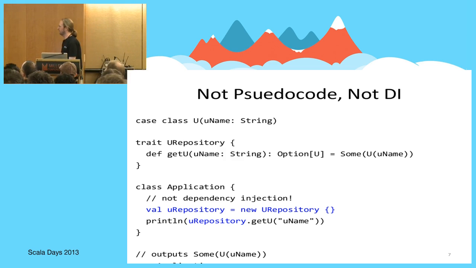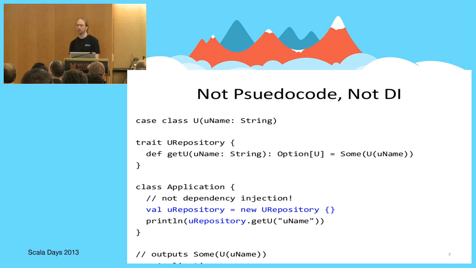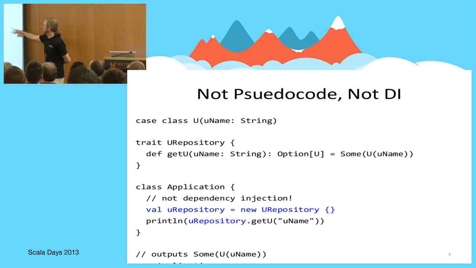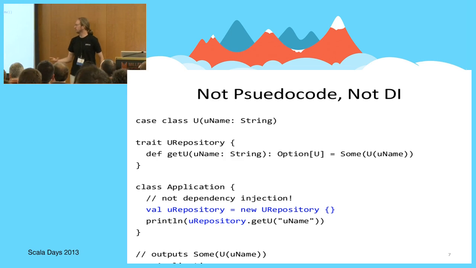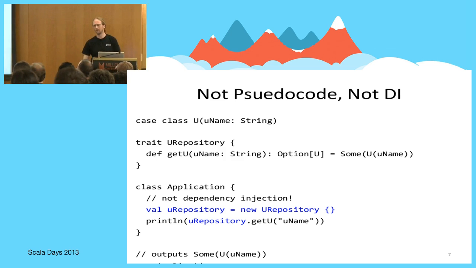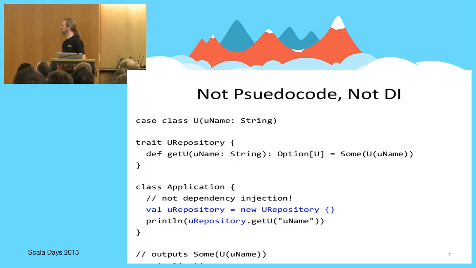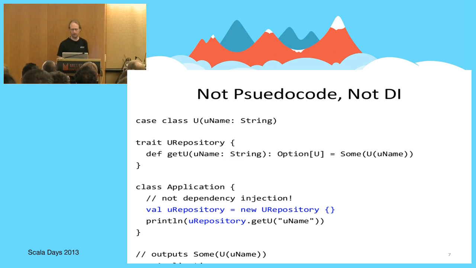And we have a U repository, which is responsible for persisting U's to the database or looking them up. We're just getting started here, so I'm going to have a single method called getU, which is responsible for retrieving a U from the database. And you can see in this implementation, I'm not actually hitting a database, I'm just returning some U every time.